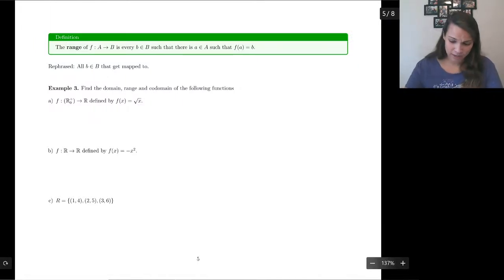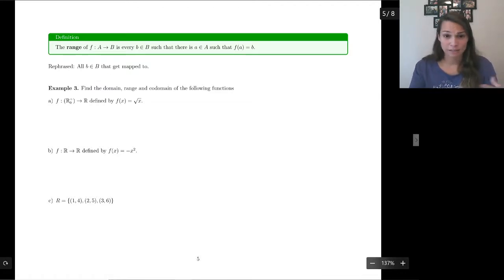The range is where everything gets mapped to. So the range of f is all the b's in the codomain such that we have an a that gets mapped to it. More concisely, it's all the b's that get mapped to.